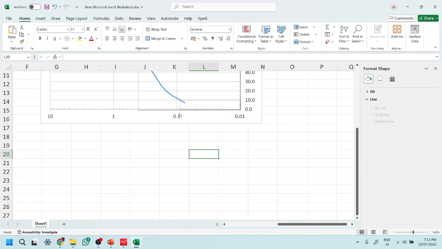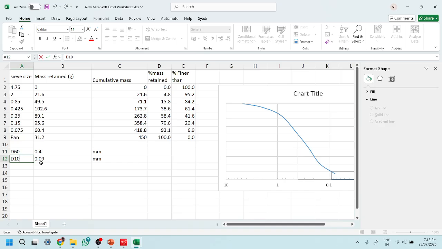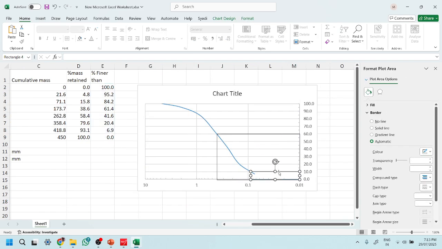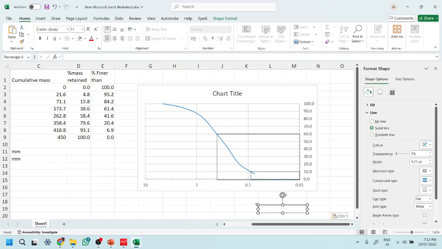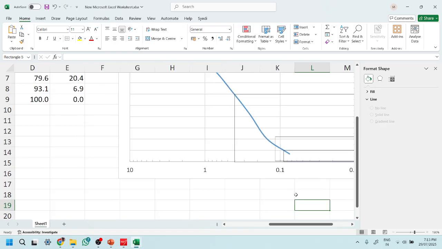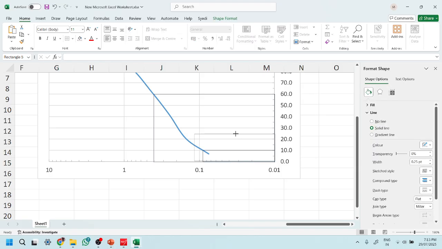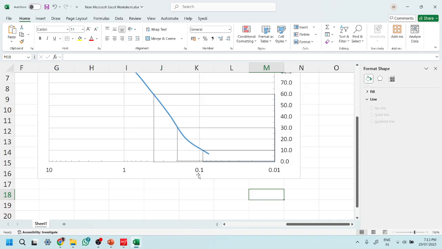It would be like 0.09. This is D10. Now let's do D30.